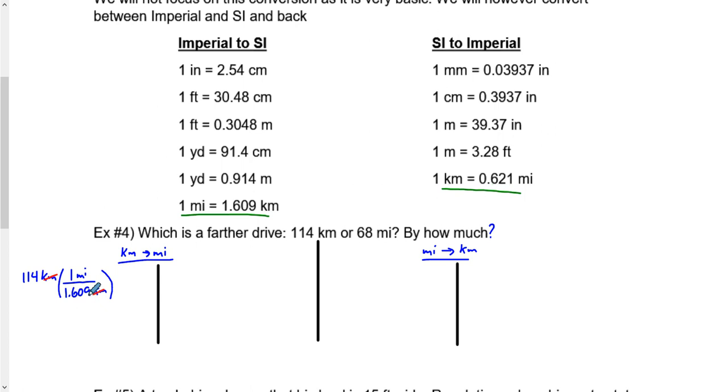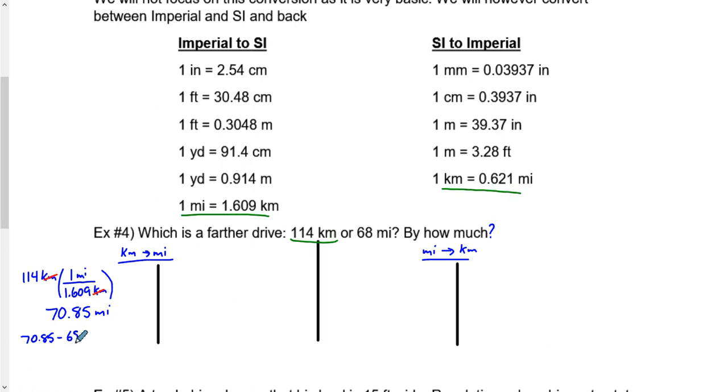Dividing by that 1.609 leaves me at 70.85 miles. So automatically, we know that 114 kilometers is farther. By how much? Well, that's really quick.